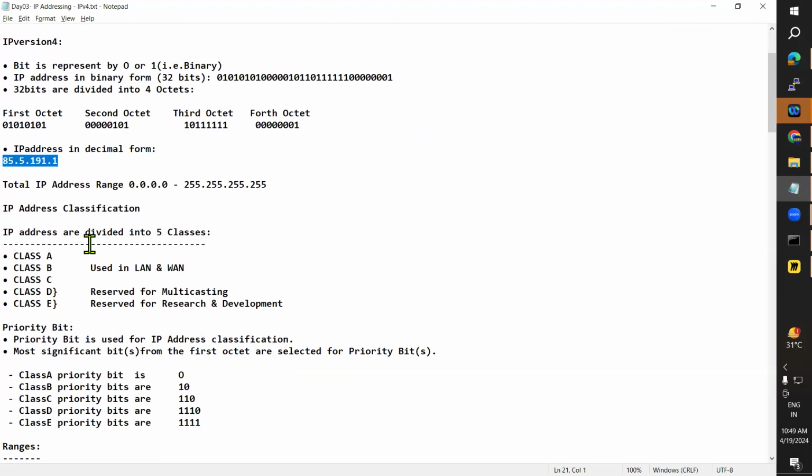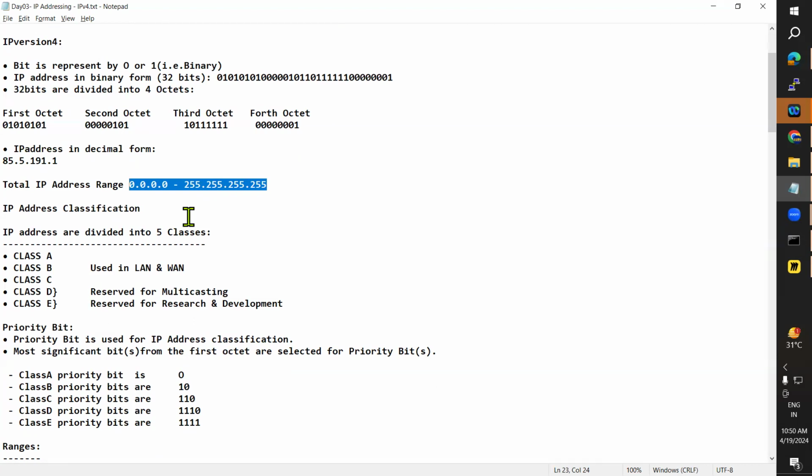So what is the total IP address range? The IP address range is 0.0.0.0 to 255.255.255.255.